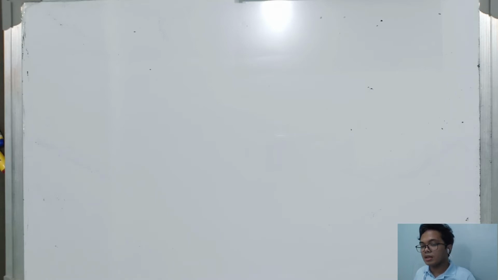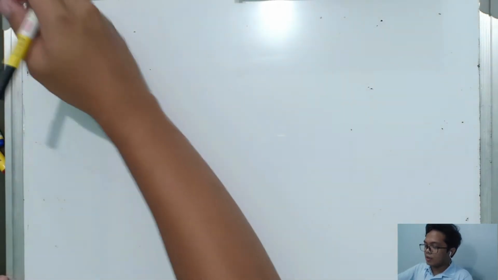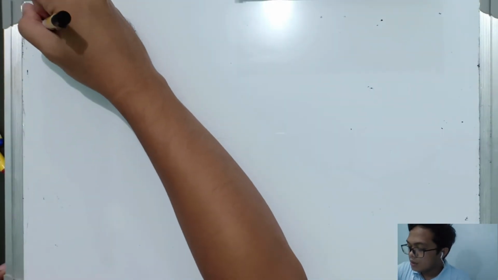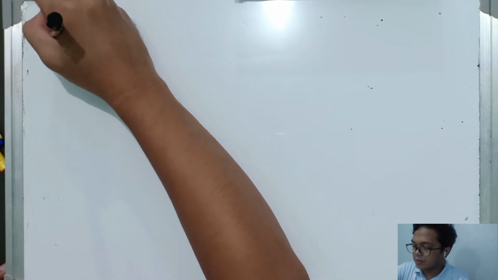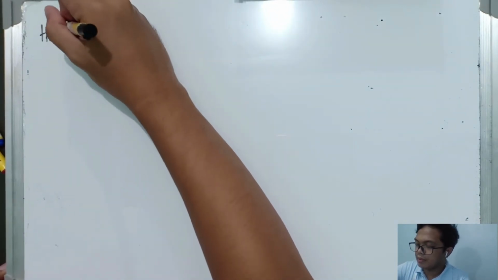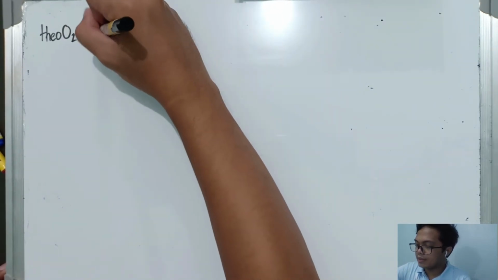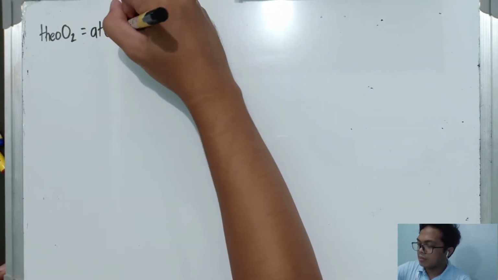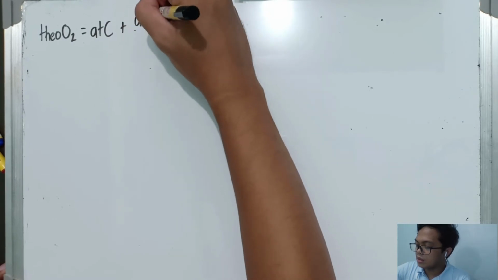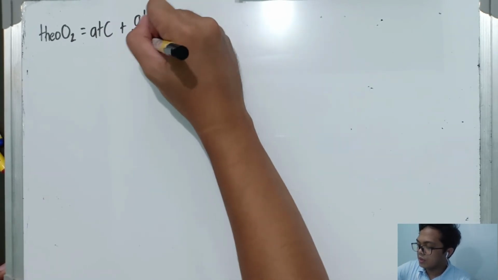our theoretical O2. Again, if you can remember, let me just erase this again. So we get our theoretical O2. This is equal to our at C plus at H over 4.